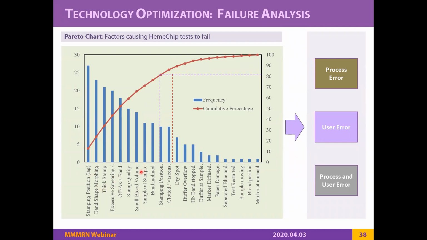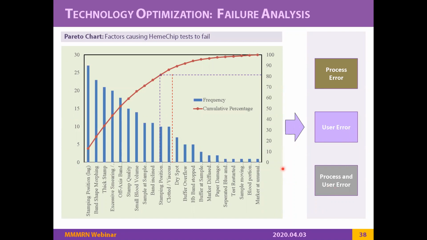That gives us an idea of where we should prioritize for improving the system to make it robust. We categorized all these errors in three categories: process error, error that can come from user interaction, and the third one is a combination of both of these two.